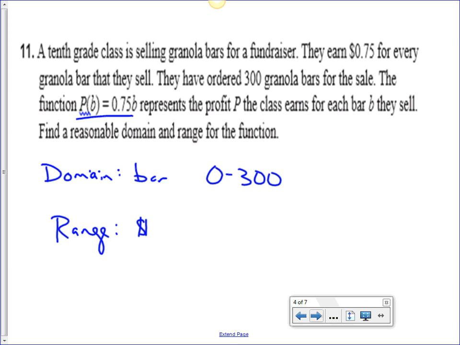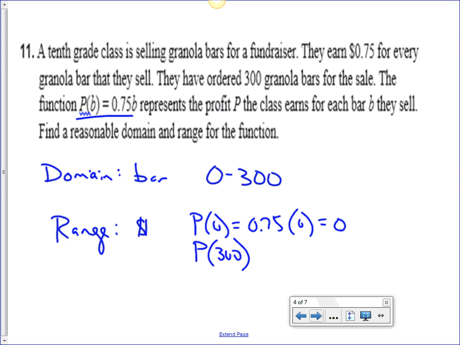So the reasonable output, or the range, if we put in a 0, their output would be 0. So if I put in a 300, I'd have 0.75 times 300, which is, I believe, 225.